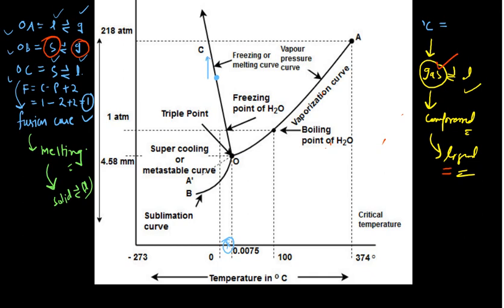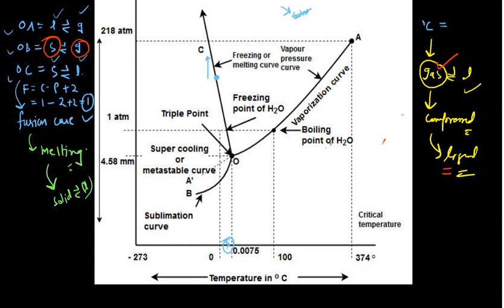And you know, whenever you increase the pressure on the liquid, it will compress, and when it compresses, it will solidify. Or vice versa, you can go the other way also.